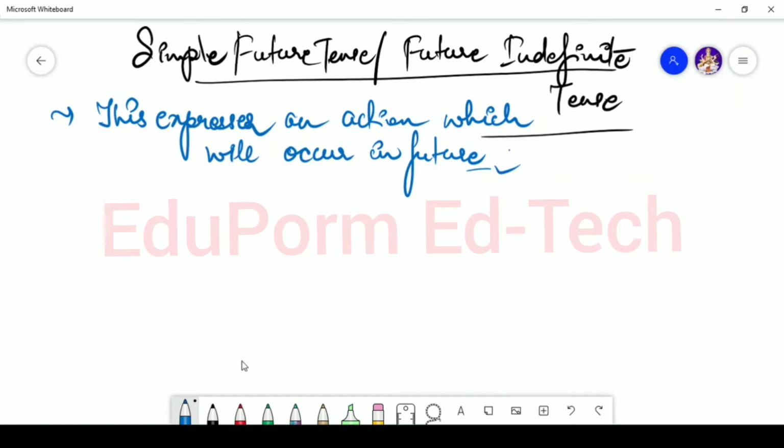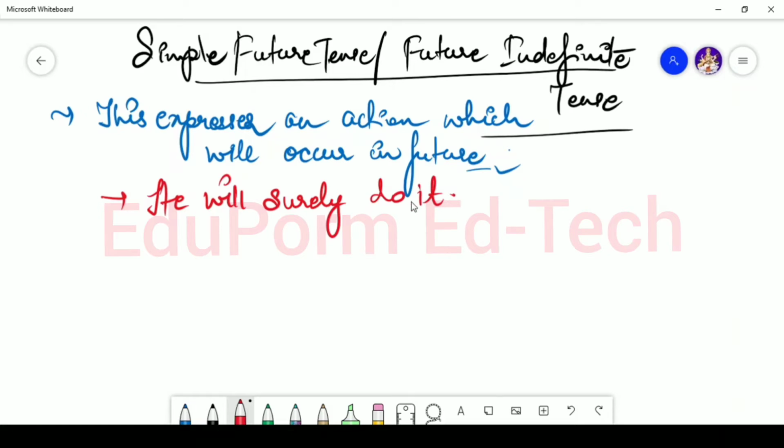Let's say for example, if you're saying that he will surely do it. This sentence expresses a belief that you have in him that he will surely do it. This is basically talking about an action which will take place in the future. Or let's take one more example, I shall go home. Again, this expresses an action which will occur in future.